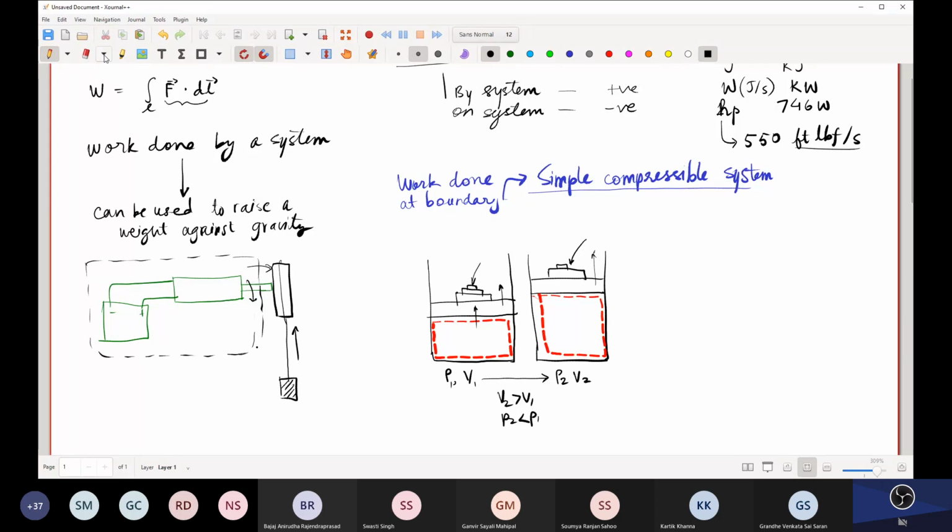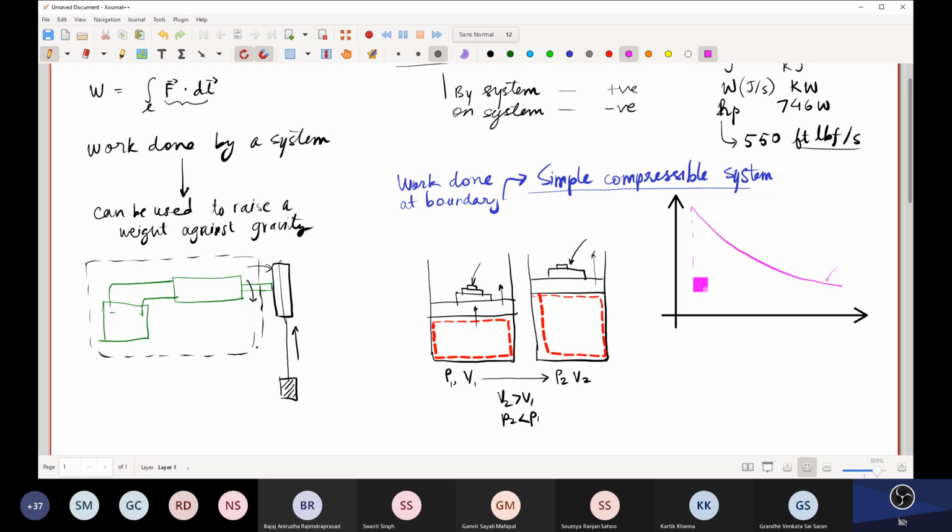Now if I were to plot all of this, I would have the following. So you would have a certain process like this. Well, you cannot say for sure what the process is, because I have not specified whether this cylinder is insulated or whatnot.